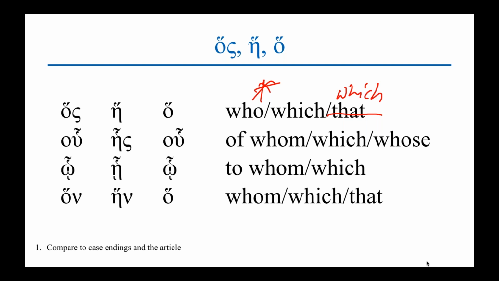And then of whom, or of which, or of whose, and then to whom, and to which. So no one really says to that. So that's virtually always going to be wrong. And then whom, which, and like I said, I would stick with which.